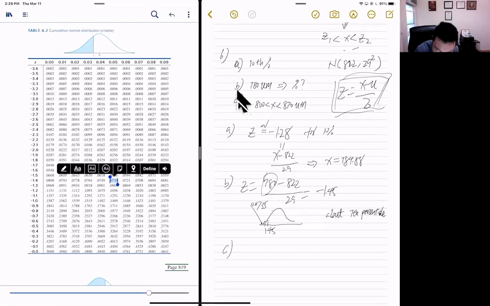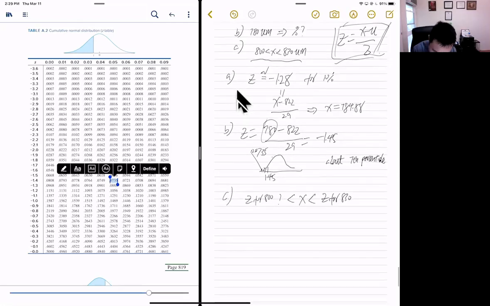And C, I will not go into the detail. For C, it's between 800 and 830 micrometer. So what do we do? For 800, we calculate the z value, and then the z for 830, so we get 2 z-scores. The question is asking for the area in between.